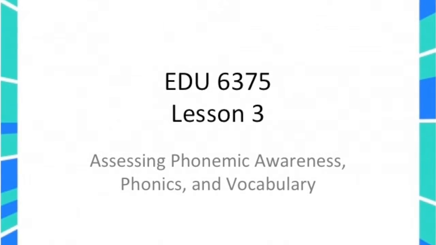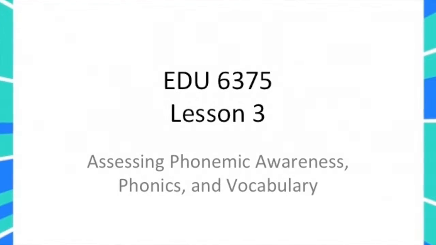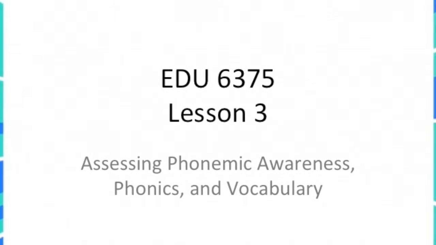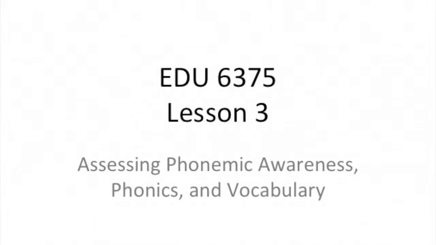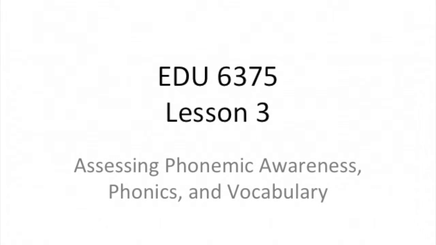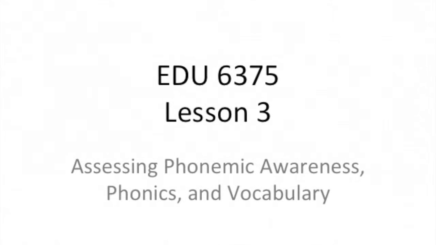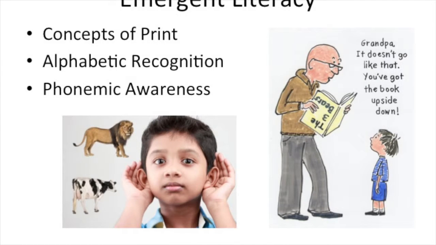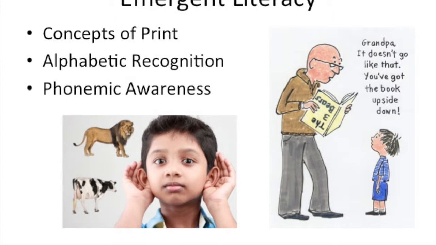This lesson will focus on assessing emergent literacy skills, word recognition, spelling, all of those types of skills that we need to assess early in a child's reading development. Some of the very first information we can get from early readers is about their concept of print.